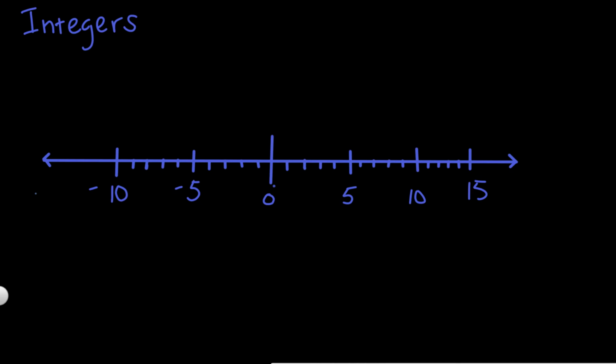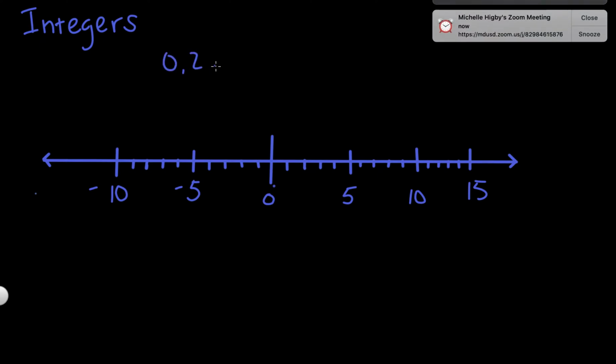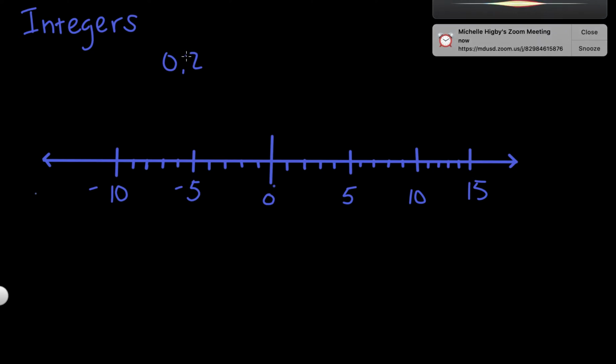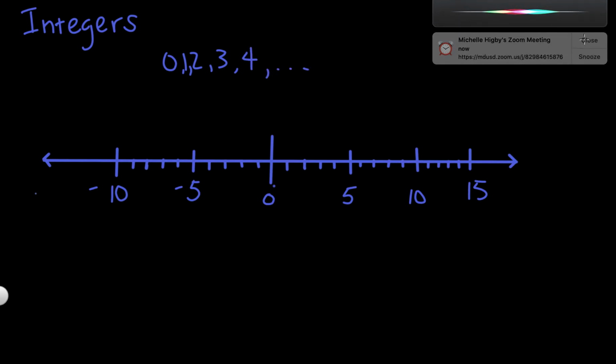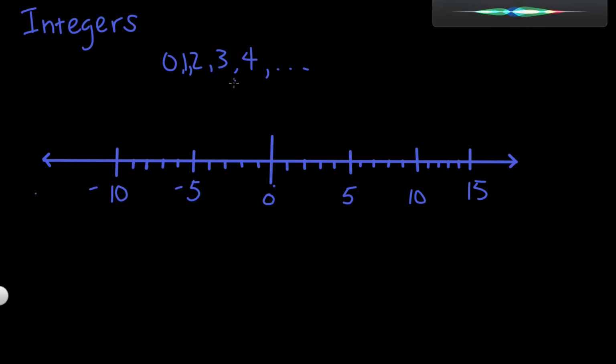So this is an Algebra 1A Intro to integers. Remember, integers are whole numbers, so that would be 0, 1, 2, 3, etc. So all of those counting numbers going up, and their opposites.